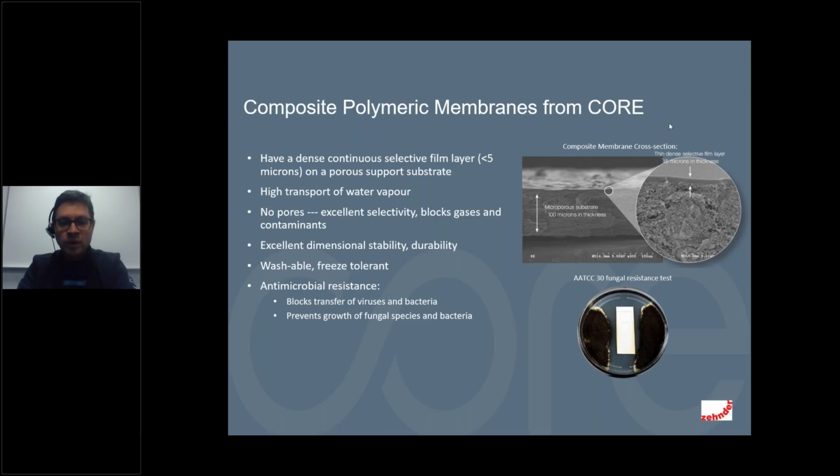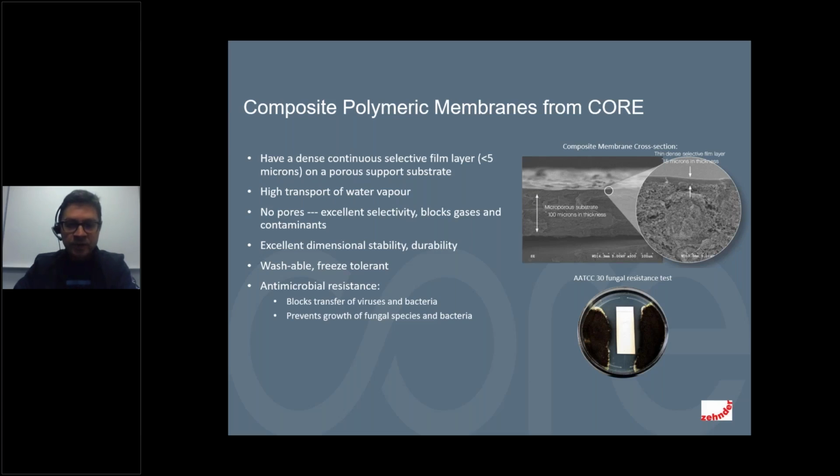And so our approach at Core is to make what we call a composite polymeric membrane. And what this means is that we have a microporous support layer onto which we apply a very thin but dense polymeric coating that blocks the transport of gases and VOCs, but allows the absorption of water into that material and the diffusion of water through that material.